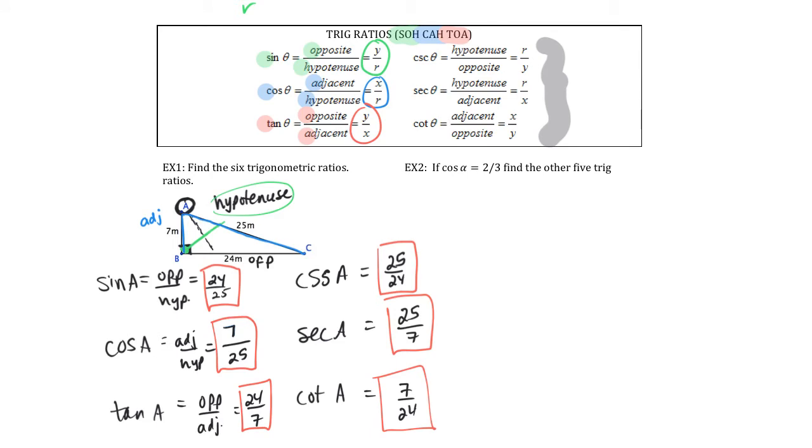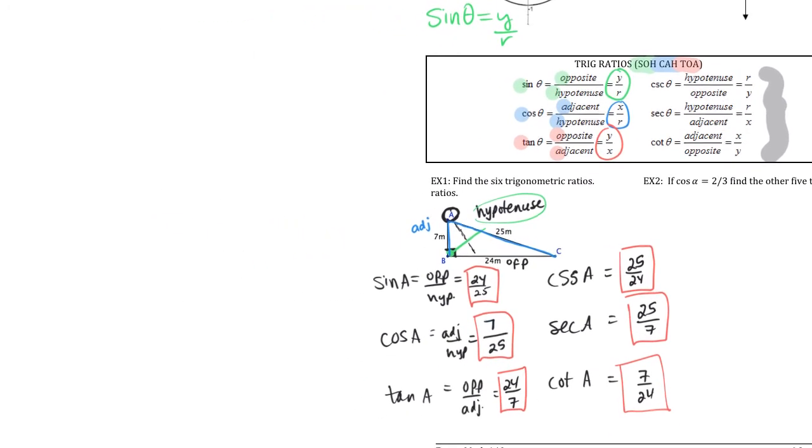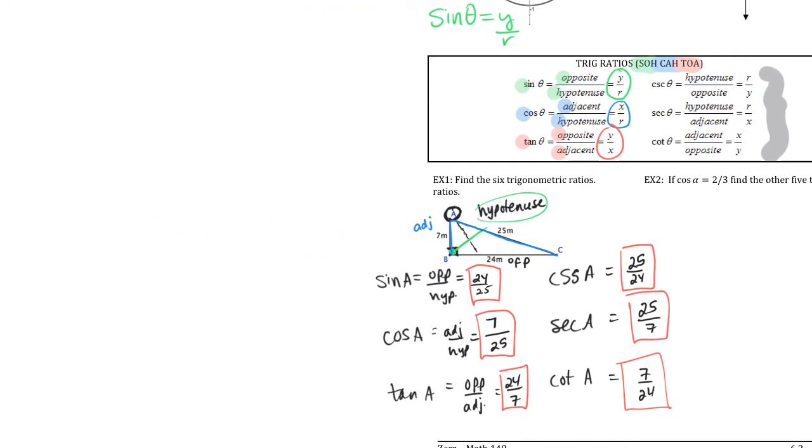Okay, but just be careful, because if I had said find all the trig ratios of angle C, it would have been quite different. So from angle C, well, hypotenuse doesn't change, right? That's always the diagonal, so hypotenuse would have stayed the same.